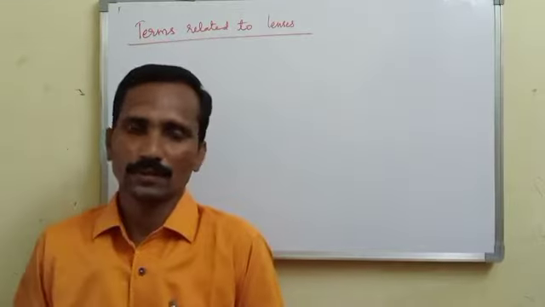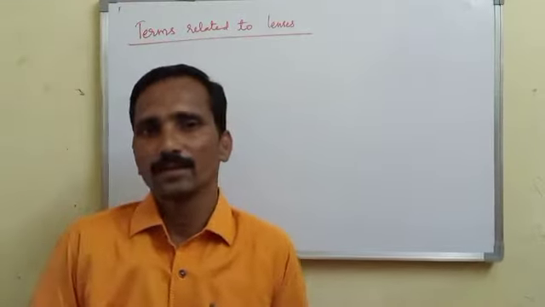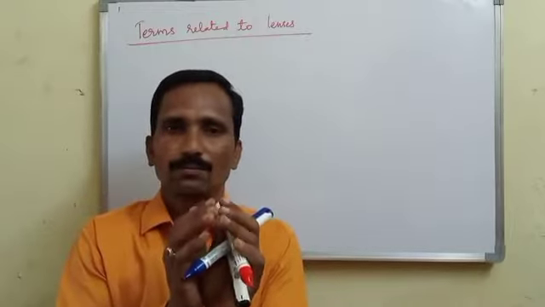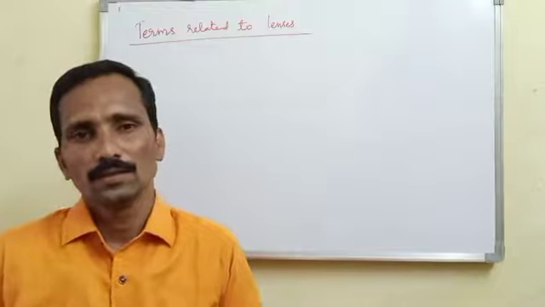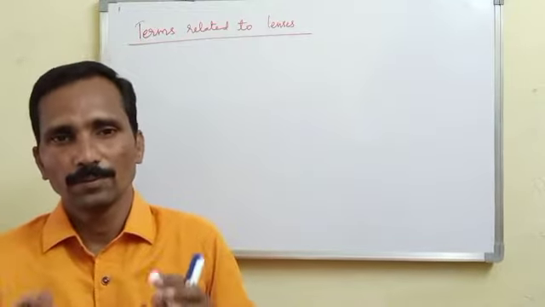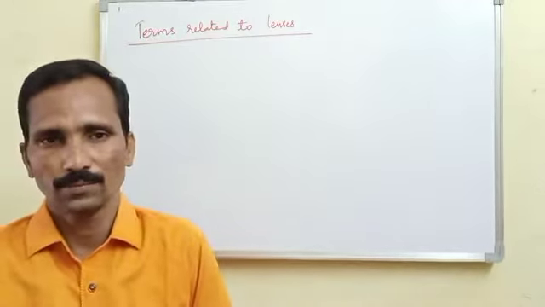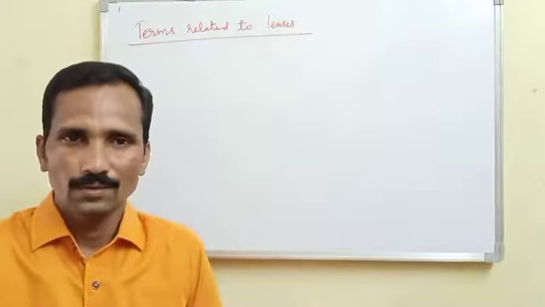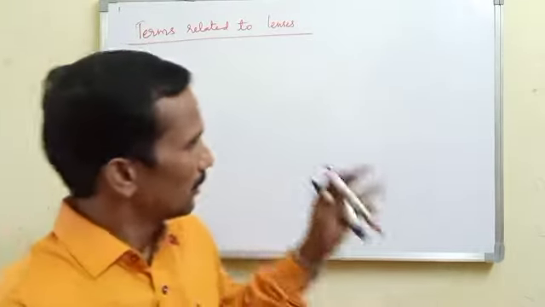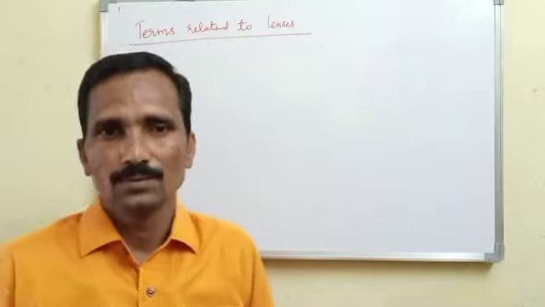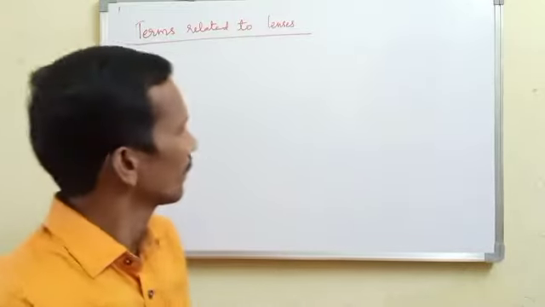We know very well that in the reflection of light, mirrors are also made from spherical glass. Like that, this lens is also a part of spherical glass. But in mirrors, they are silvered, coated on one side. In lenses, there is no silvering or coating.